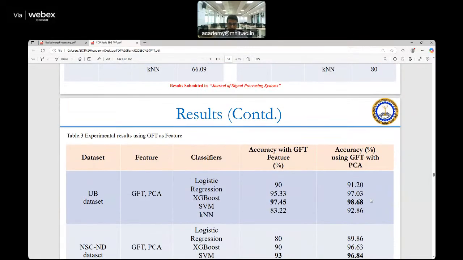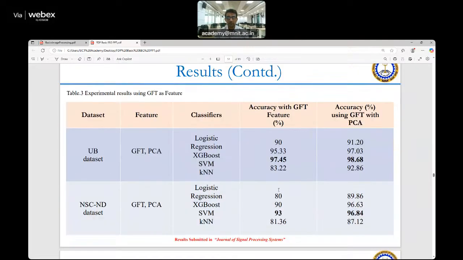Finally, if we take up the result, you are using basically the UV data set, GFT, PCA. When we use PCA, we want to further reduce the dimension. So we are using the classifiers logistic regression, XGBoost, SVM, and KNN. So what is the accuracy here?